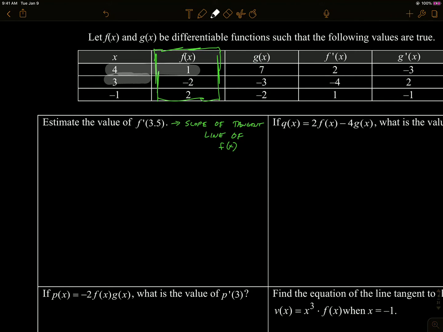I'm going to use these two sets of points here and do my slope formula and find the slope of the secant line on either side of 3.5.